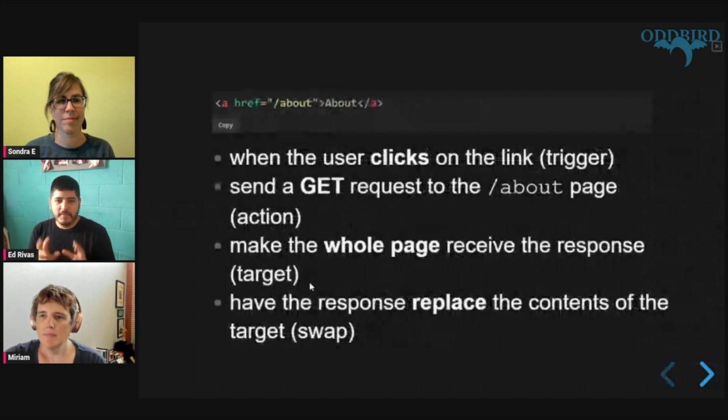So taking that example, when you see that little anchor tag with an href pointing to /about, what does it really mean for the browser? Well, it means that when the user clicks on the link, and we'll call that the trigger, the browser should send a GET request to the about page. That's going to be the action. And then we'll make the whole page receive the response.